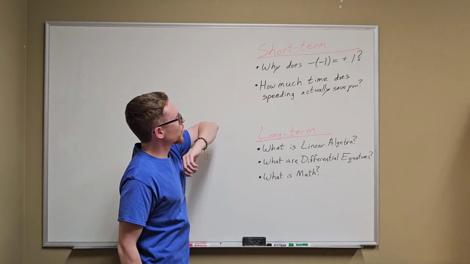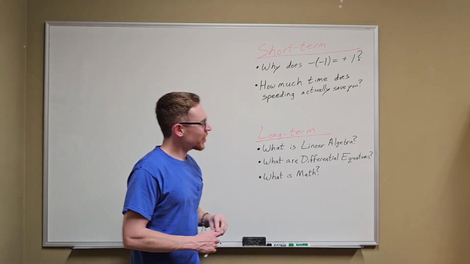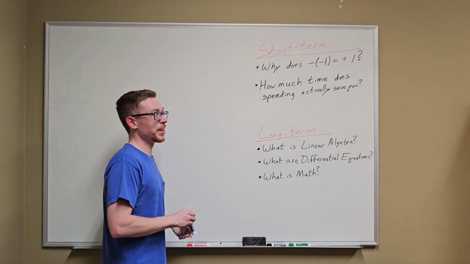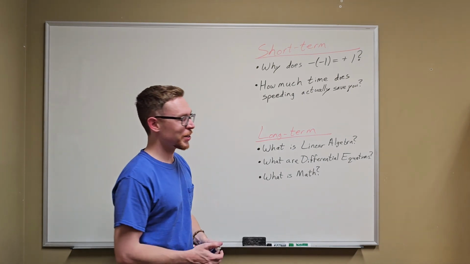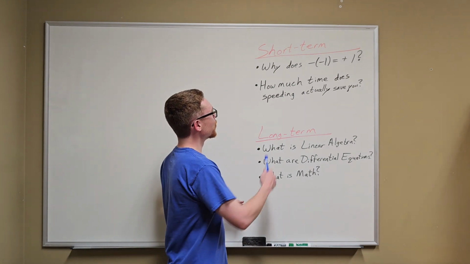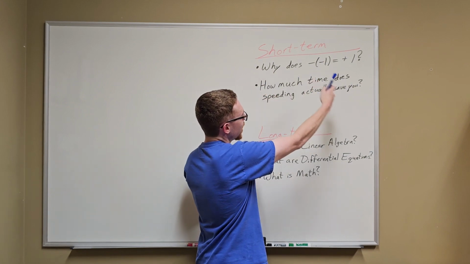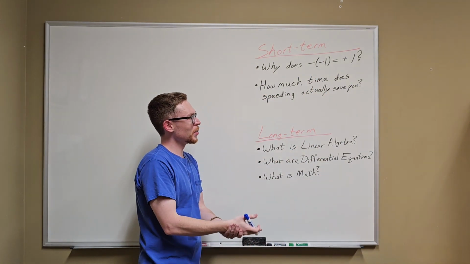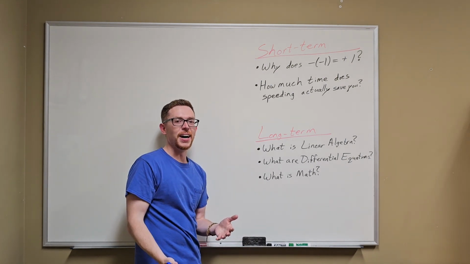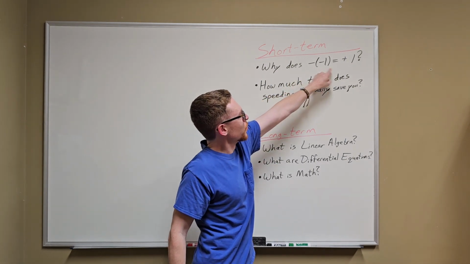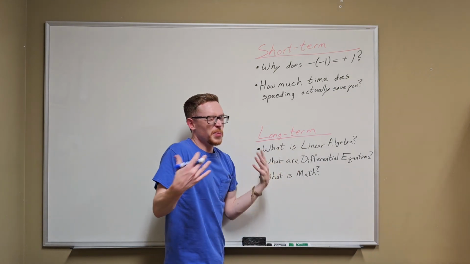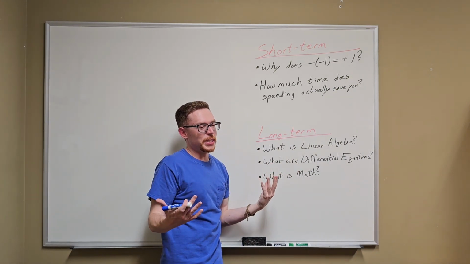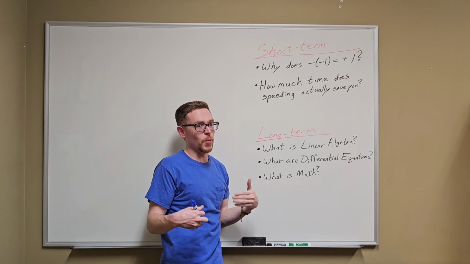First, let's look at the short terms. This is one that I've had in my mind for a while. This was going to actually be my next video back when I stopped making videos a while ago. And it's essentially asking the question, why is the negative of a negative number positive? If I do negative times negative 1, why is that positive 1? Most people know that that is true, but most teachers don't take the time to really explain why that's true.